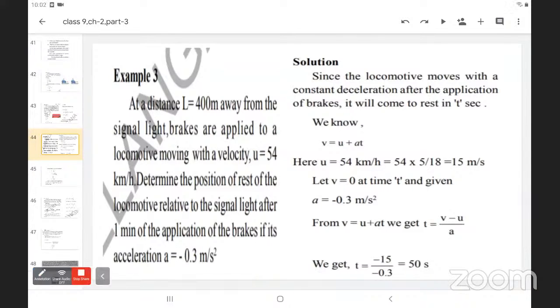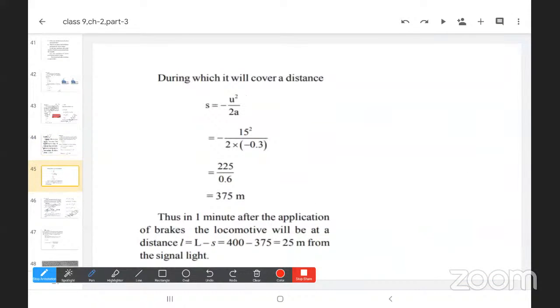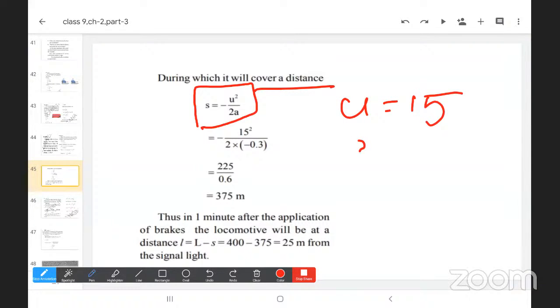So here, during which it will cover a distance. So we need to find the distance also here, right? So we take the formula S equals minus u square by 2a to find the distance covered by this locomotive. So we know u equals 15 and a equals minus 0.3.